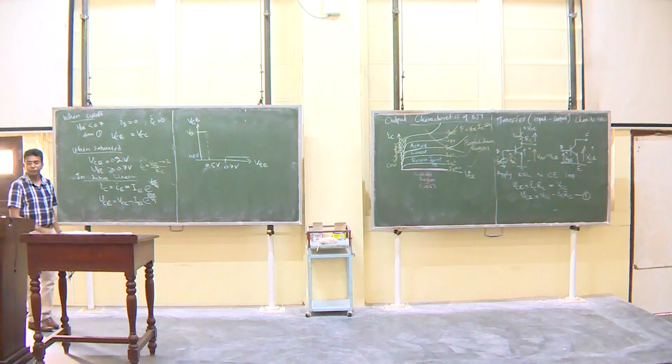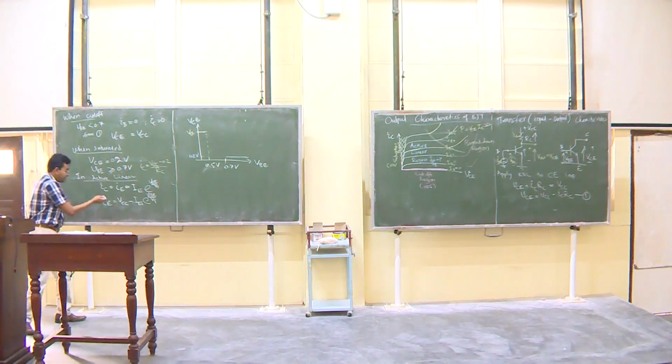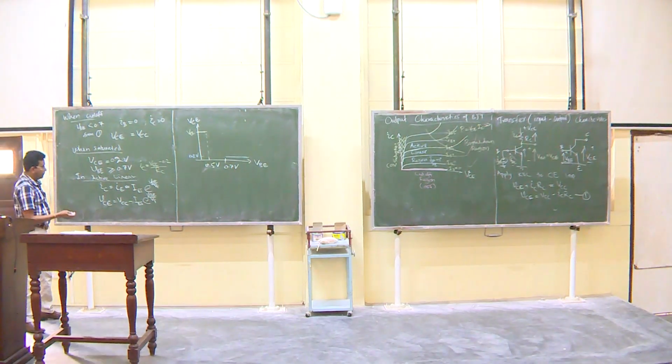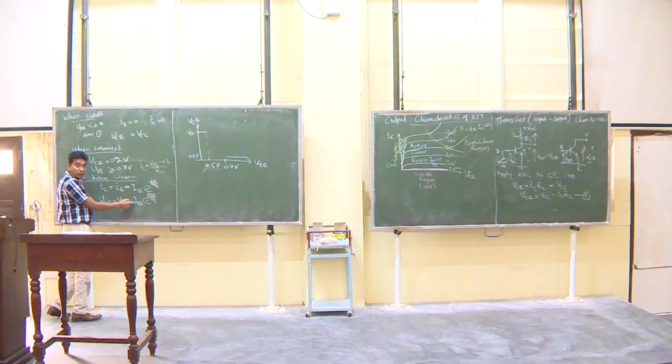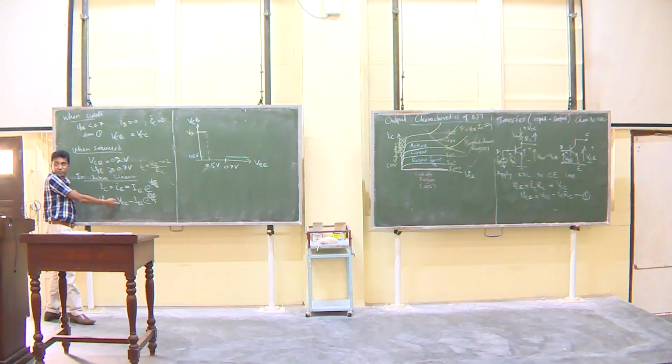If you want, you can have minus 1 also. So, when VBE is equal to 0, this is almost 0, so you can ignore this, and this will be equal to VCC, right.